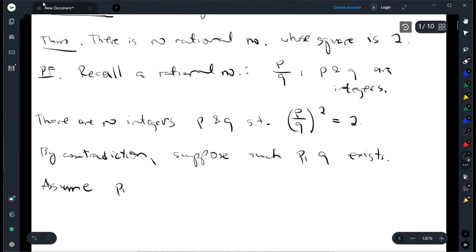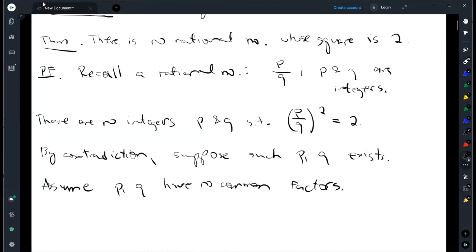Let's assume that the integers P and Q have no common factors, because otherwise we can just cancel out the common factors between P and Q. So in other words, we want the quotient P over Q written in lowest terms.